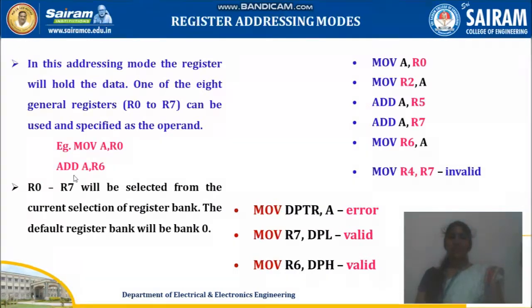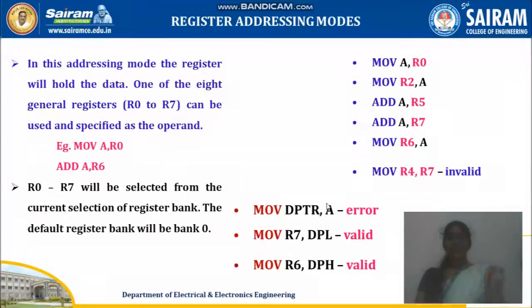If you see MOV A, R0 followed by ADD A, R6, the content of R6 will be added with the content of the accumulator, and the result will be stored in the accumulator. Since it is register addressing mode, the register holds the data. We use one of the 8 general purpose registers, and it has to be specified as an operand.